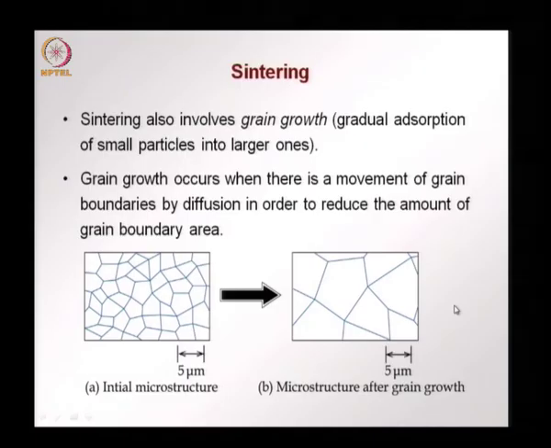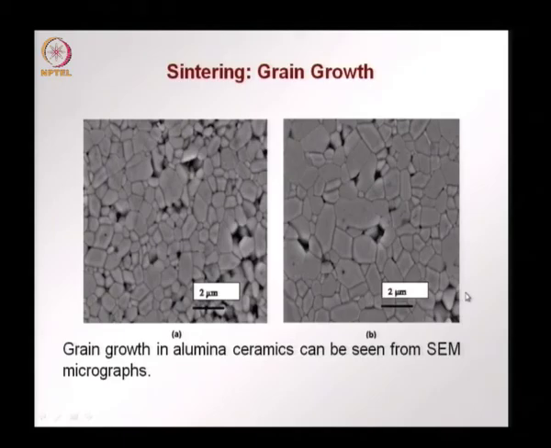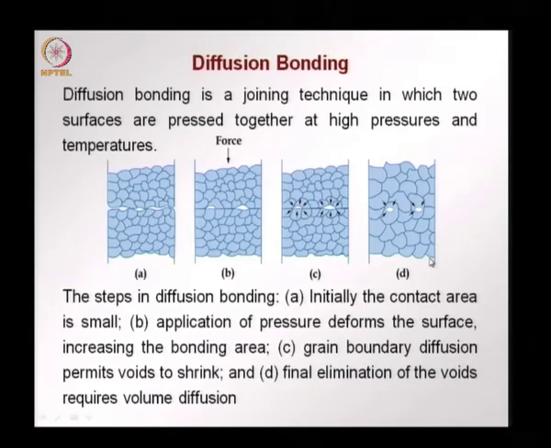So, the grain sizes and the microstructure change due to diffusion during sintering, and this is a picture of alumina ceramic seen in SEM micrographs. You see here before sintering the smaller grains, and after the application of temperature and pressure we have the same ceramic now with larger grains.